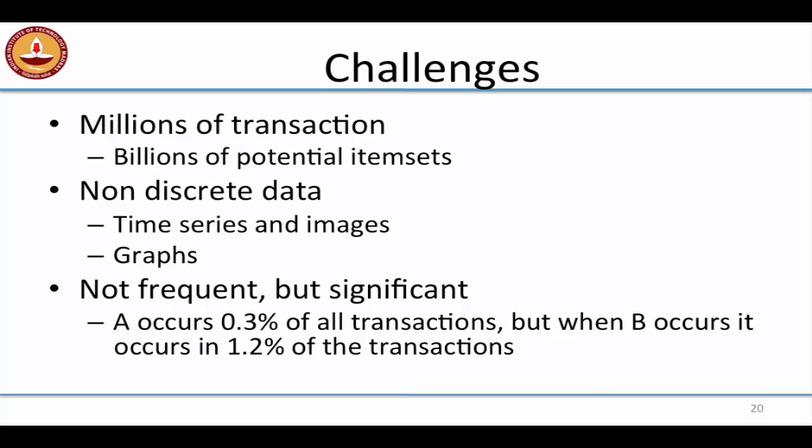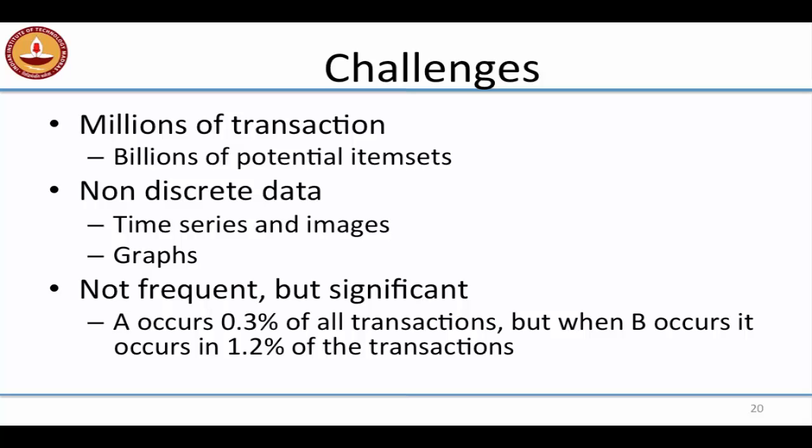So we have talked about transactional data now. It's in some sense easy to count because there are discrete events that are happening. But what about continuous data like time series data and images? And how would you go about even identifying what are appropriate items over which you will be doing this counting, or data with a rich structure like graphs?